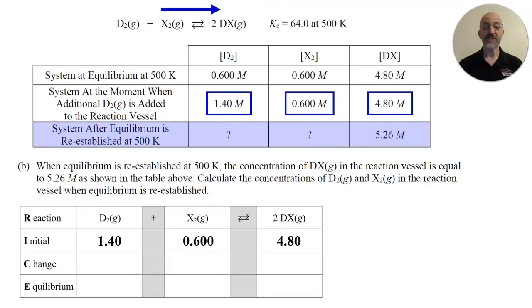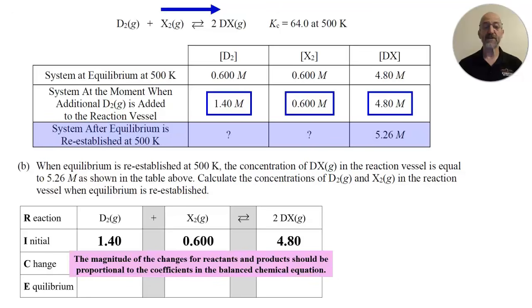Now, with respect to the change, there will be a net conversion from left to right, from reactants to products, but remember that the magnitude of the changes for the reactants and products in your RICE table should be in proportion to the coefficients in the balanced chemical equation. So let's take a look at our coefficients.